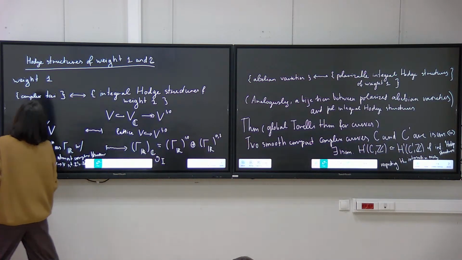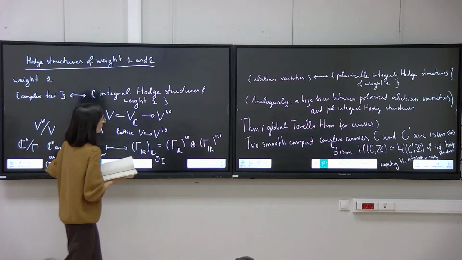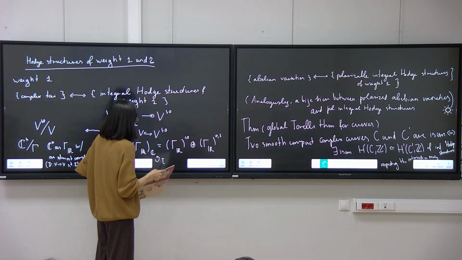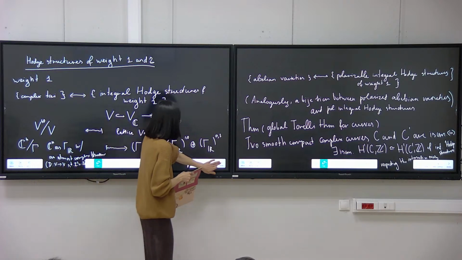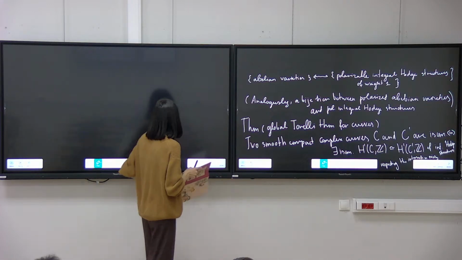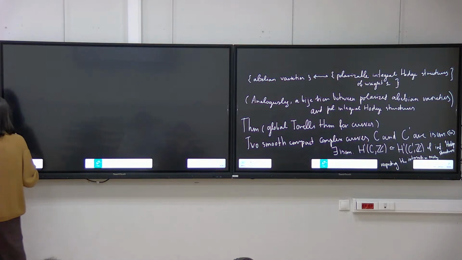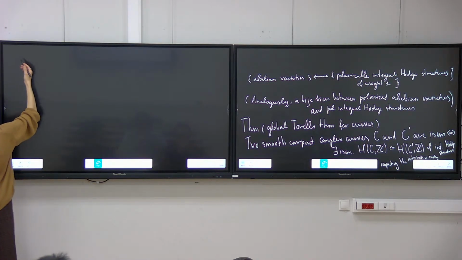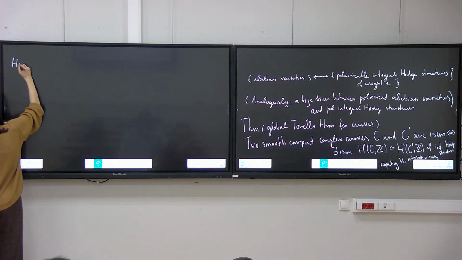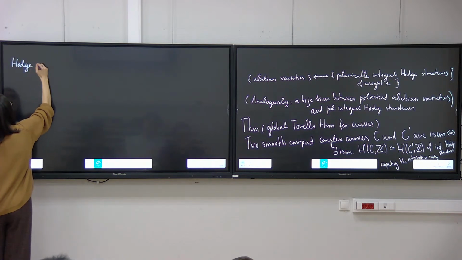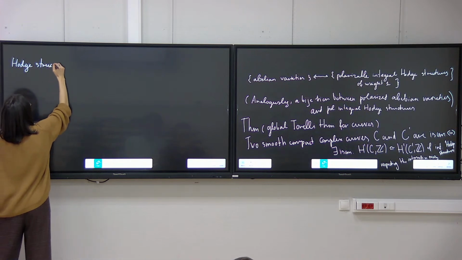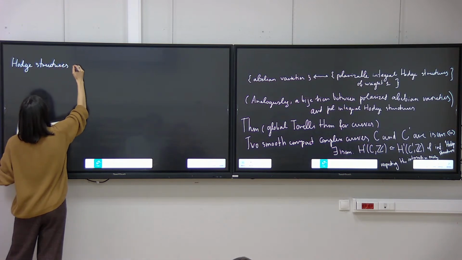And now let me discuss Hodge structures of weight 2, and in particular the Hodge structures we have for K3 surfaces.